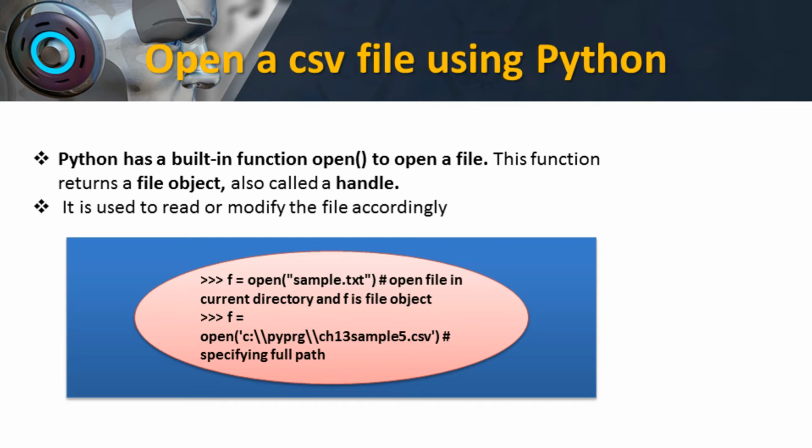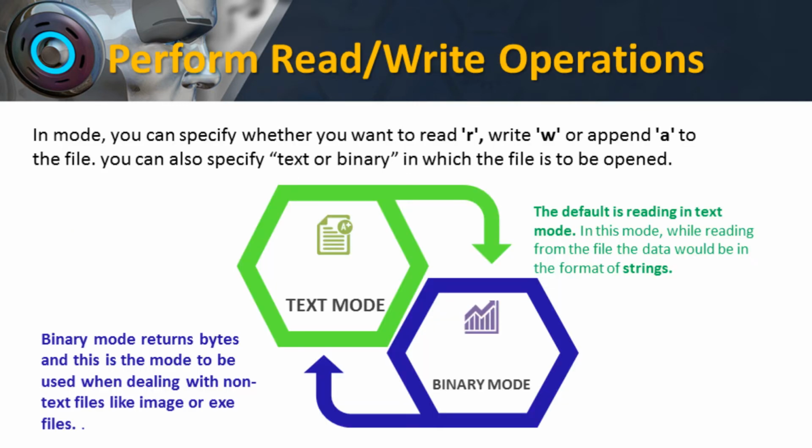While opening a file, in this mode you have to specify whether you want a read, write or append operation. You can specify text or binary mode in which the file is to be opened. After opening a file, you have to specify whether you want to read, write or append to the file, and also specify text or binary.